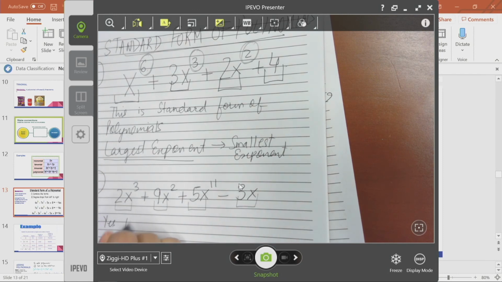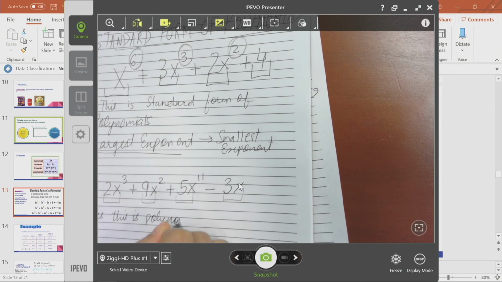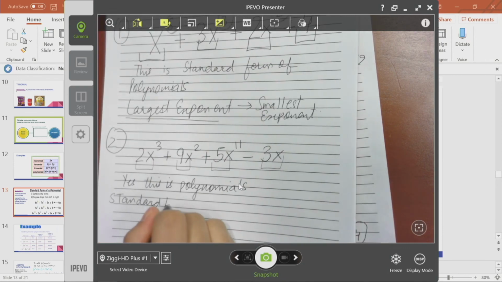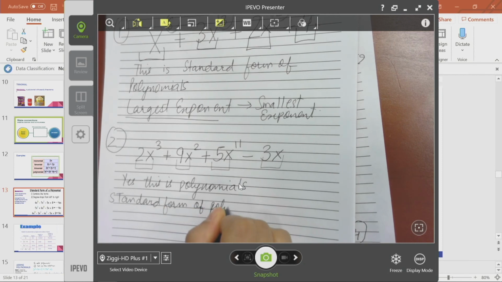Yes, this is a polynomial because it has more than one term. Many terms are there that are separated by plus and minus. Now let's check whether this is standard form of polynomial.